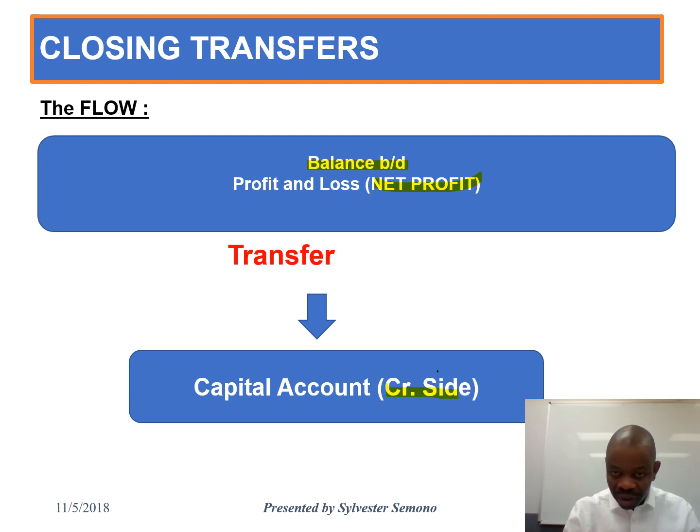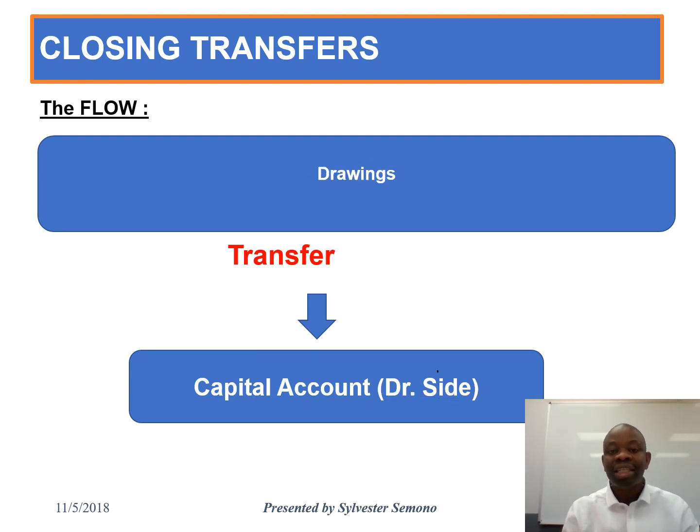It's like what I said from the previous slide. If you made a net profit, the net profit will always increase the capital account on the credit side, unlike net loss, which will decrease what? The capital. So make sure that you know whether you made a loss or a profit, because the losses must go to the debit side and the profit must go to the credit side.